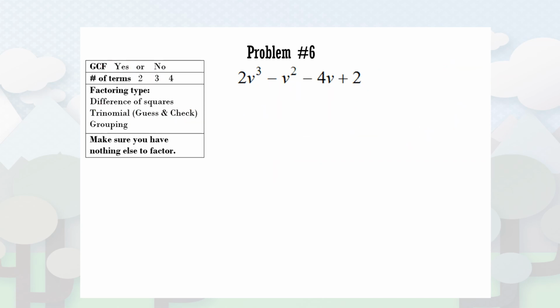All right, number 6. So first of all, again, we need to work on making sure we're memorizing the thought process. Knowing, always check for GCF first, in which case, no, there's not one here. Recognizing there's 4 terms, so that means we have to use 4 terms as grouping.